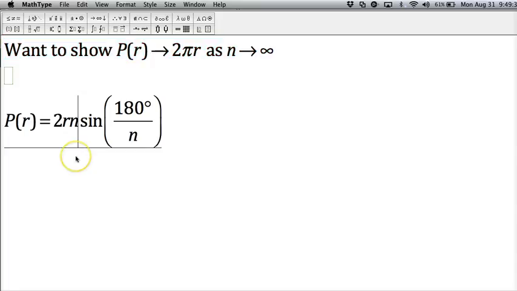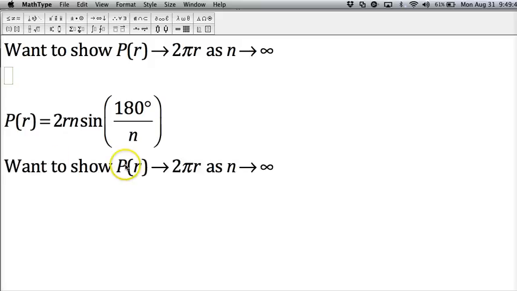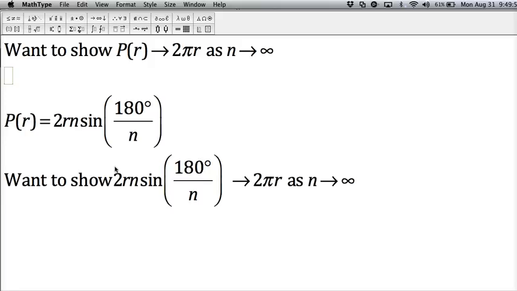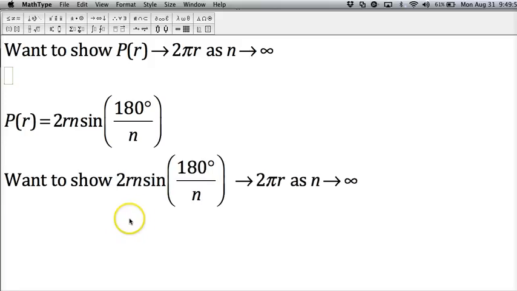So copy it, and then down here, paste it. Okay, so we want to show that, and instead of P of R, I'm going to substitute in this big expression here. All right, so we want to show that 2rn sine 180 over n approaches 2 pi r.